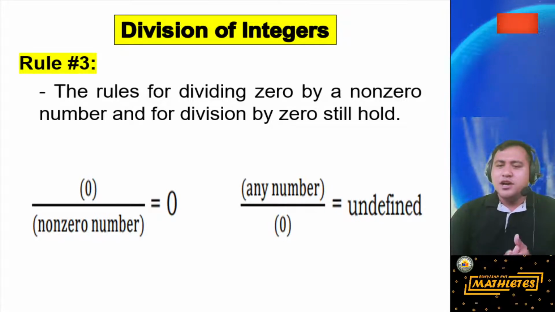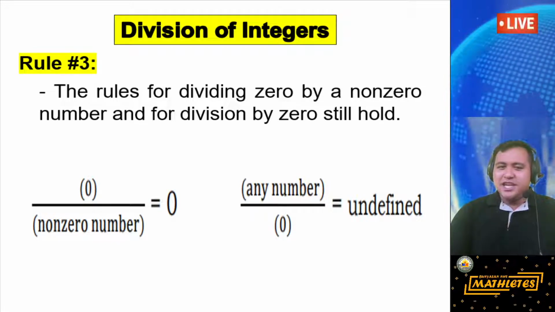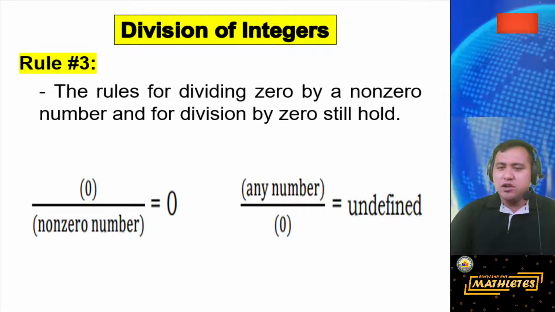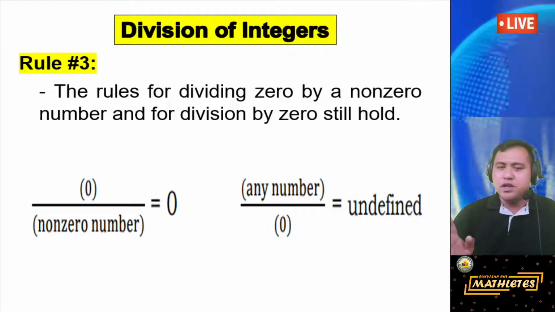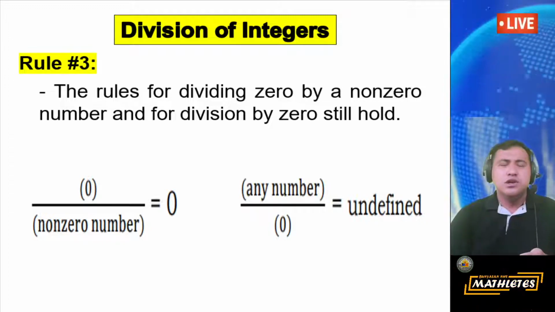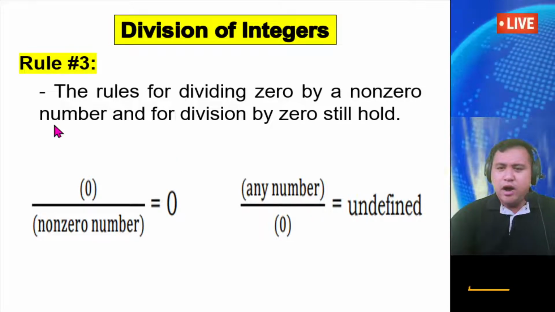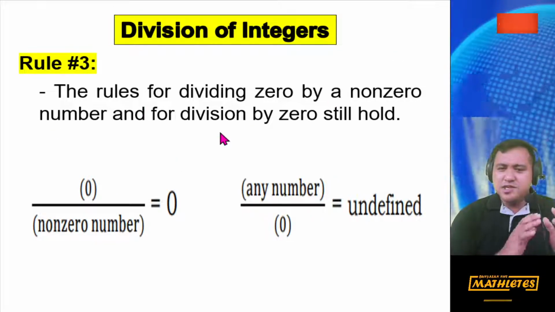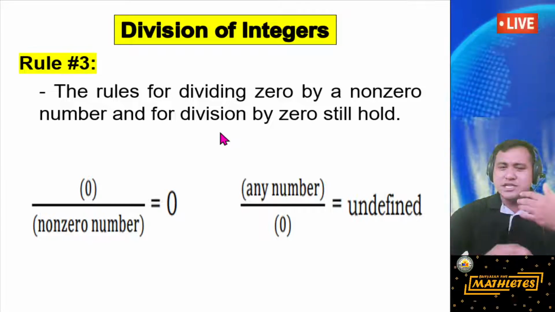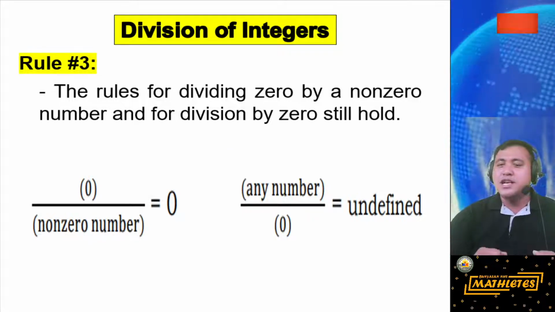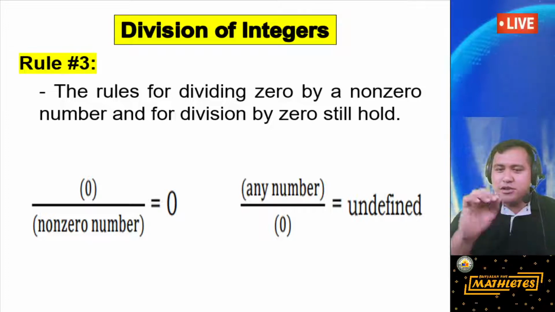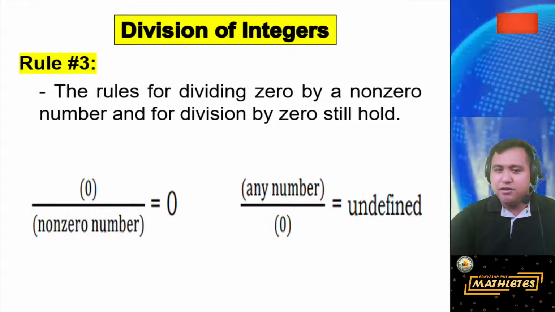Okay. Rule number 3. The rules for dividing 0 by a non-zero number and for division by 0 still hold. So, if our dividend is 0 and our divisor is a non-zero number, the answer is 0. For example, 0 divided by 1, the answer is 0. Okay?